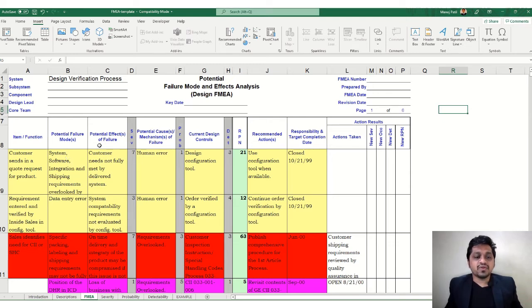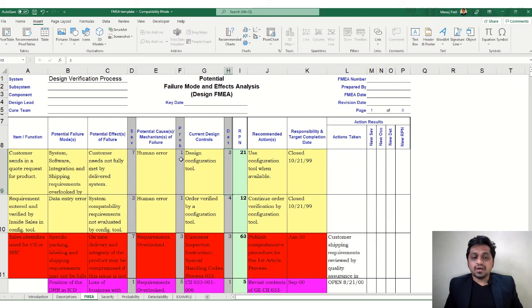So there is a failure, and the potential effect of the failure is that the customer's needs are not fully satisfied because I have not got the requirement. The severity I have given is 7. Potential causes like human error, someone might not have seen the mail, probability is less, so 1. And current design controls, we have some configuration tools, so detectability is 3. So my RPN is 7 into 1 into 3, which is 21.